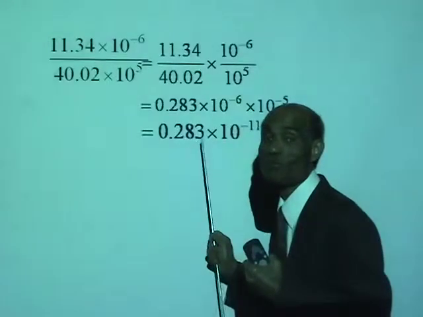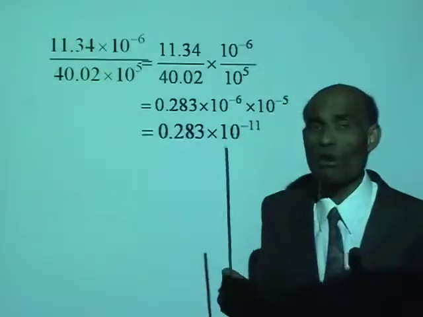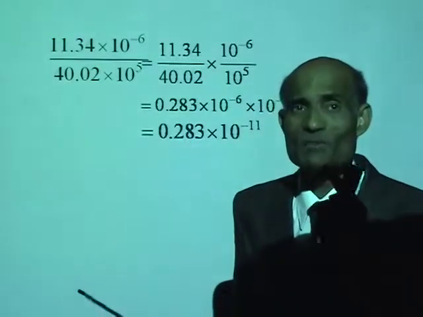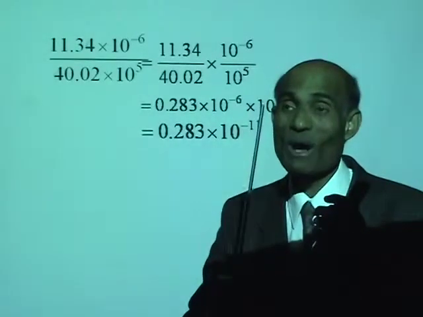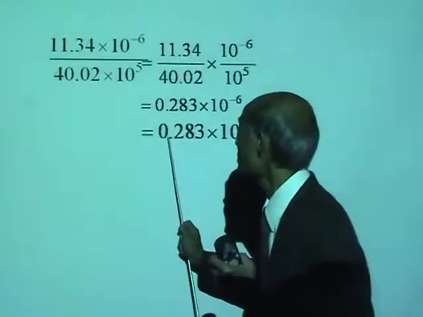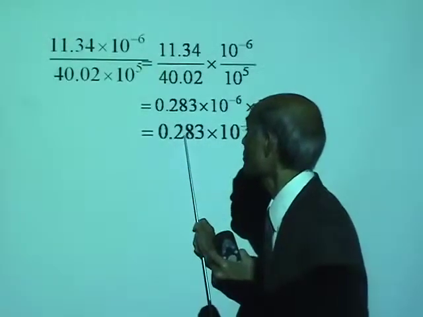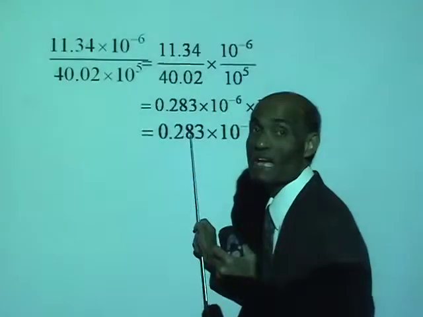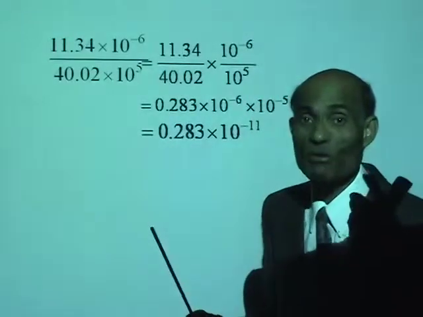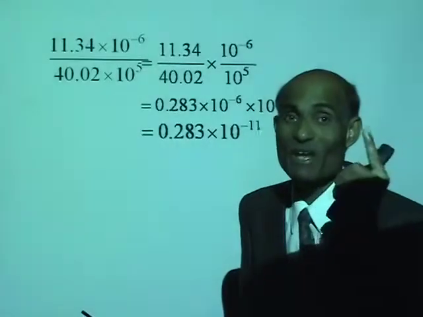2.83 multiplied by 10 to the power of, tell me what? 10 to the power of what? I moved the decimal one place to the right so that the decimal now sits to the right of 2. So it will be 2.83 times 10 to the power of, is it positive 1 or negative 1?